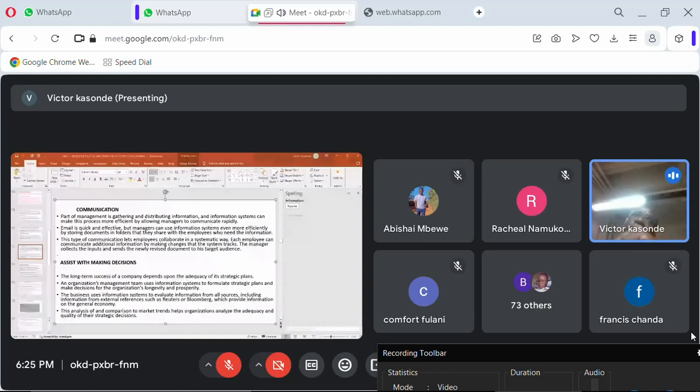If I want, I key in how many days I want and then submit it. It goes to my supervisor, who will approve it, and then it is sent on to another one until it reaches the final person who's supposed to authorize it. And for communication, you can do emails, but we are talking of information system.